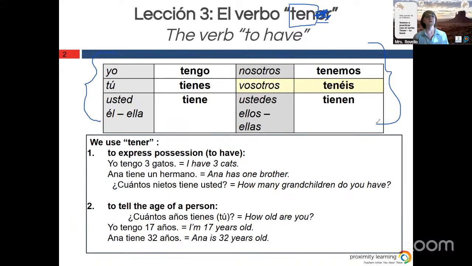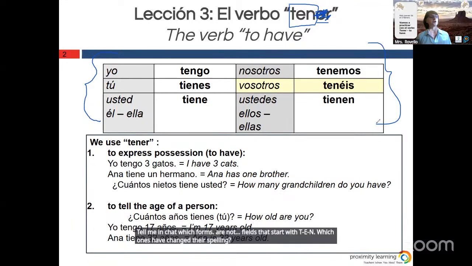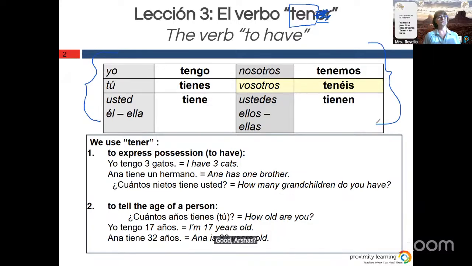Perfect. Anybody else? Tell me in chat which forms are not spelled that start with T-E-N. Which ones have changed their spelling? Good. Kimura? Anyone else? I want to hear from everybody. Nikki? James?